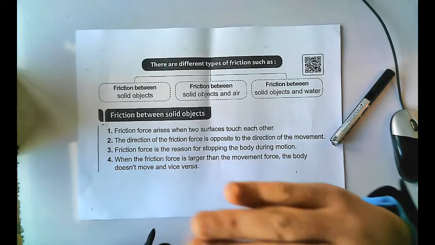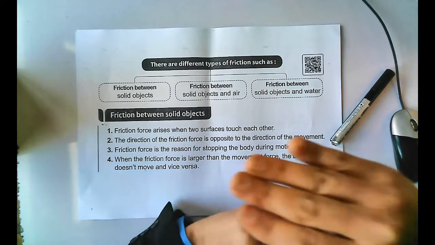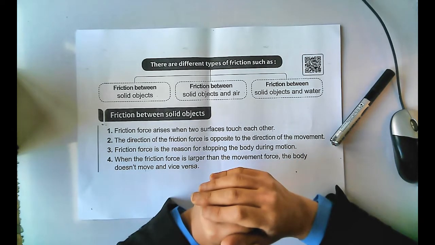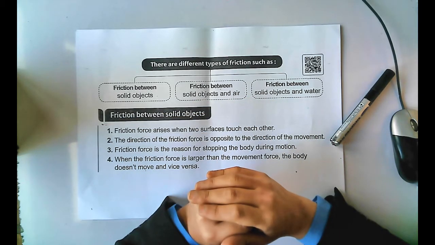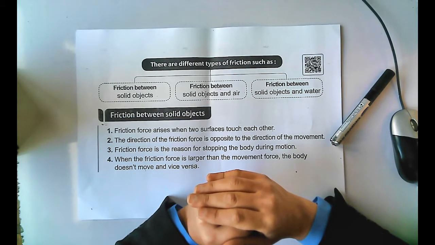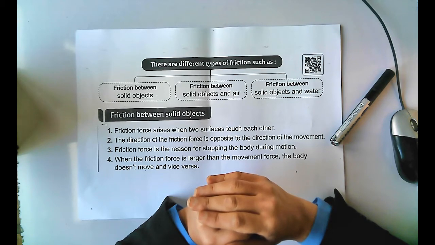What's the meaning of sliding? You know the slide which you find in the garden? The boy slides through the sliding toy. These are two bodies touching each other.